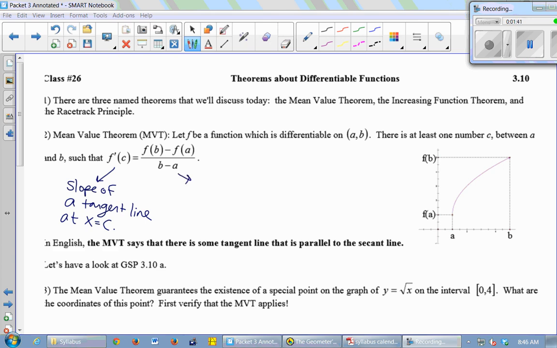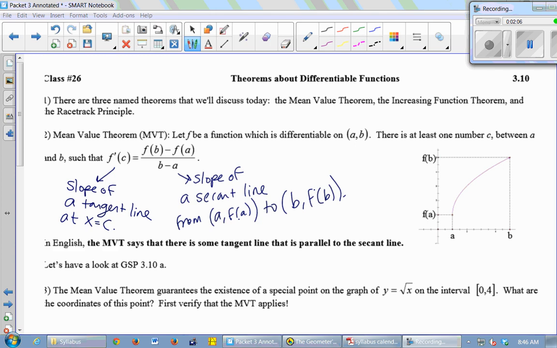So this is the slope of a secant line from a comma f of a to b comma f of b, right? That's just the formula for slope. y2 minus y1 over x2 minus x1.